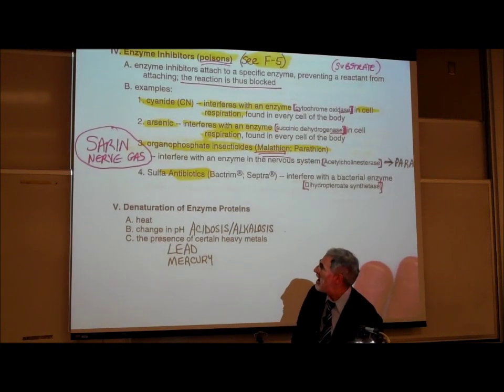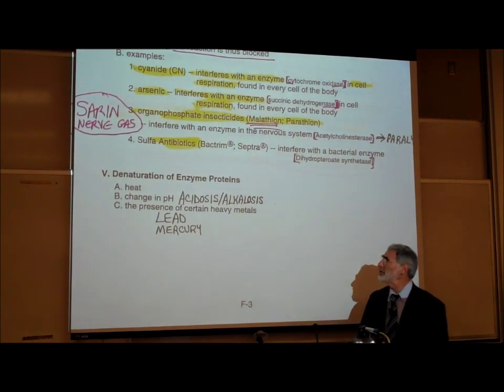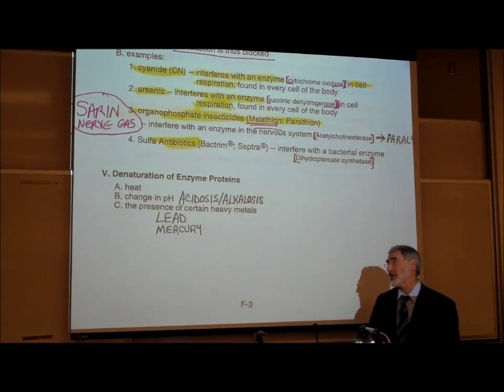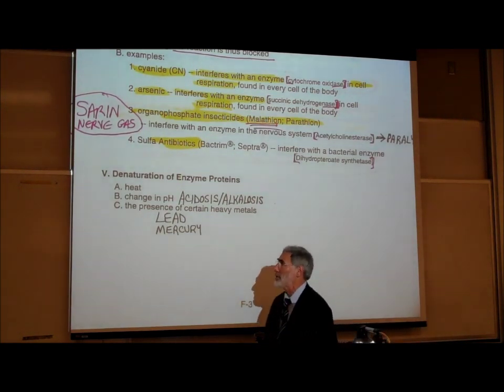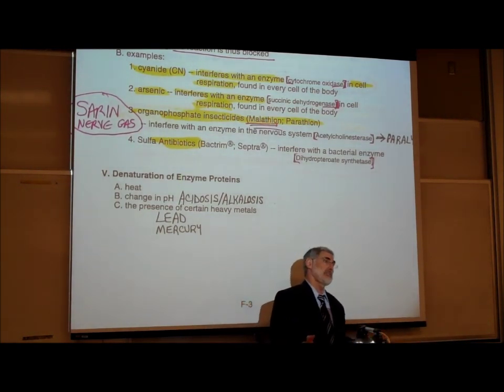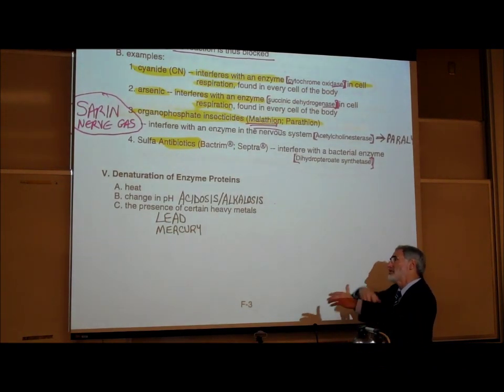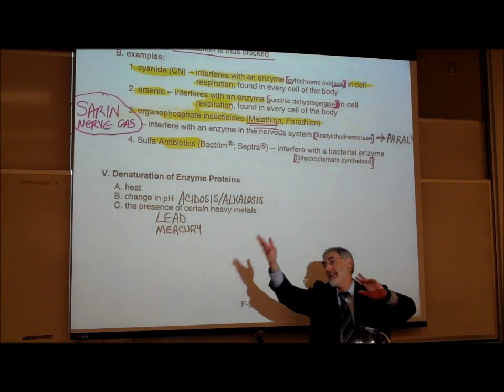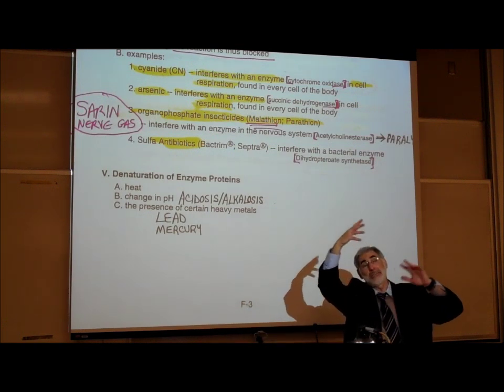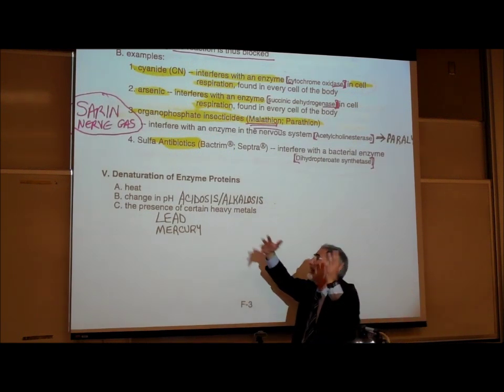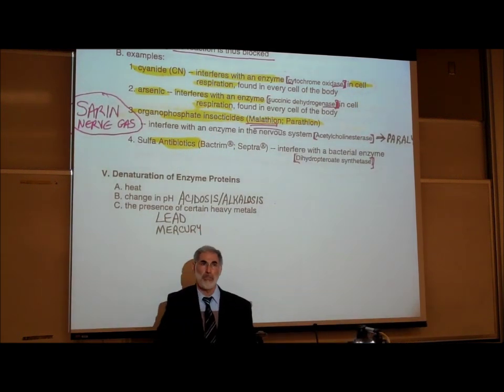Now, at the bottom, we remind you that enzymes are proteins, arguably the most important of all proteins, and we have learned back in section D that there are a number of things that can cause proteins, whether they're enzymes or any other proteins, to unravel, to denature, to uncoil, and stop working.